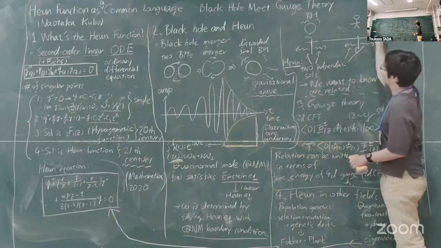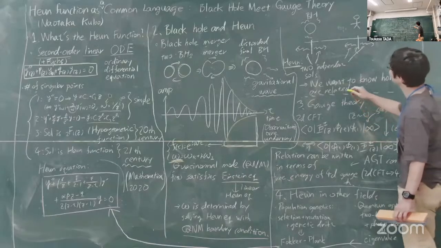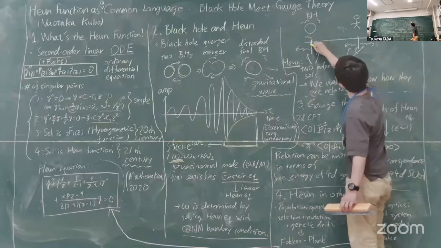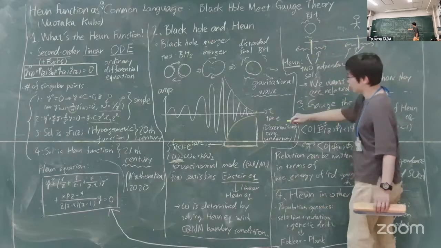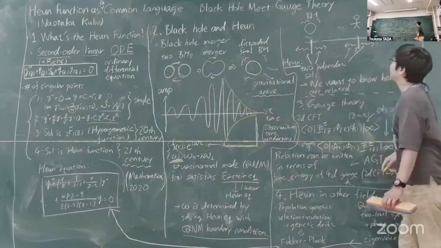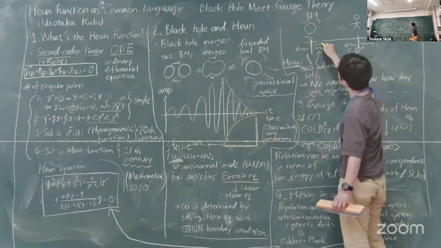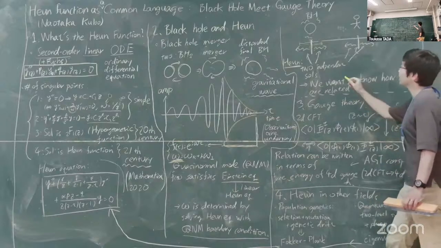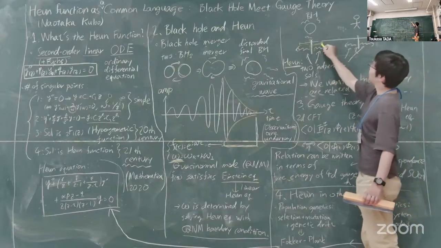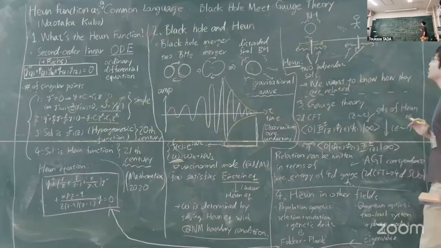This is the physical situation. Then the boundary condition is such that, because this is a wave, we have ingoing and outgoing waves on both boundaries.